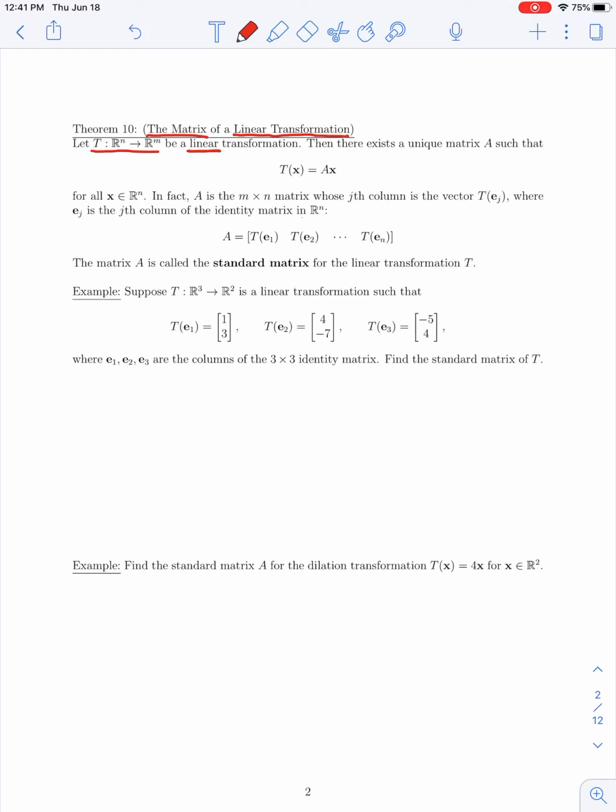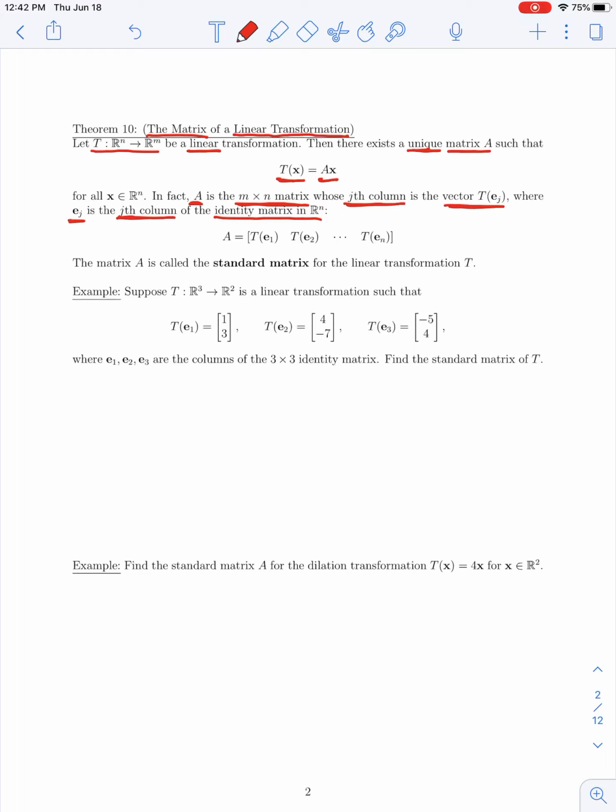Then this theorem says there exists a unique matrix A, that is one specific matrix and only that one, such that this transformation T acting on a vector x can be described as a matrix transformation, just multiplying that vector x by a given matrix A. And A is specifically the m by n matrix where the jth column of that matrix is the vector T of ej, where ej is the jth column of the identity matrix in Rn.